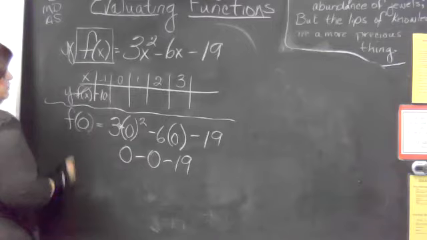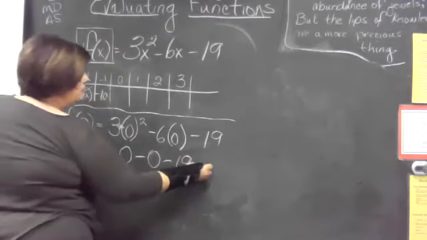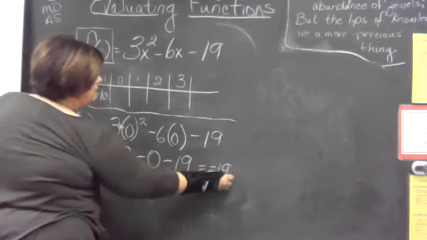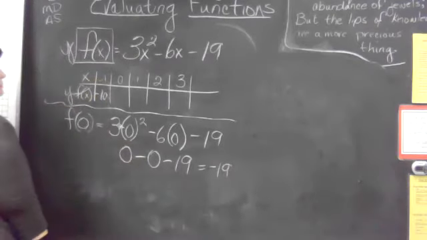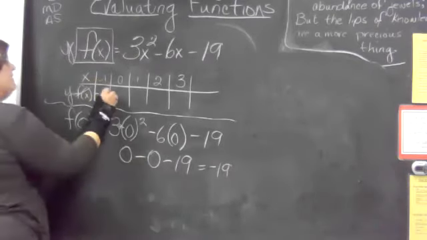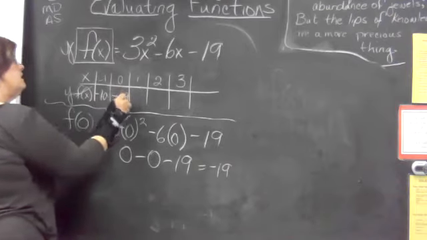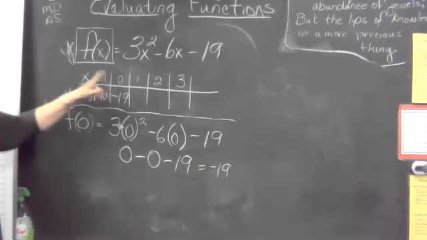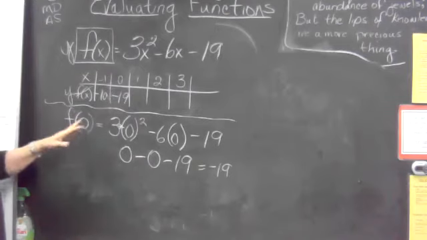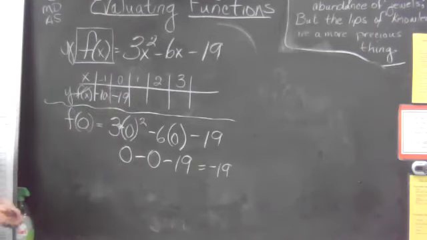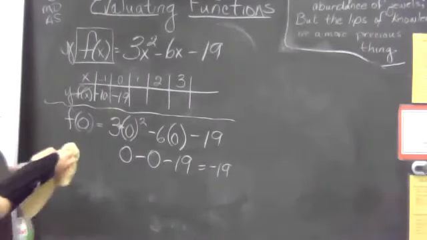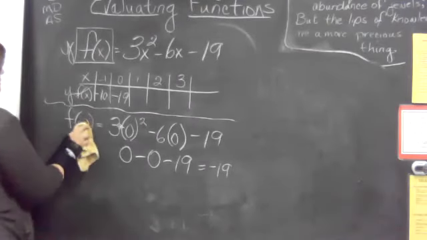Okay. And so if I plug in 0 to the F rule, then I will get negative 19. Okay, please tell me I'm right on that one. Yes. Okay, thank you. So negative 19, if I plug in 0 for X, then I get a negative 19. Now get used to this because we're going to do a lot of these.